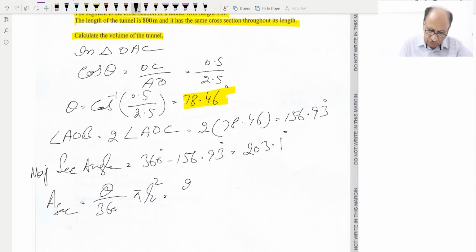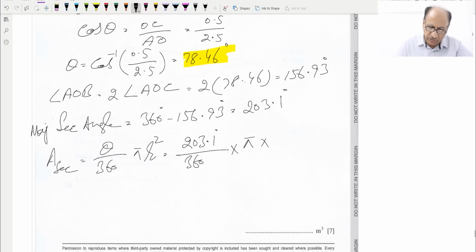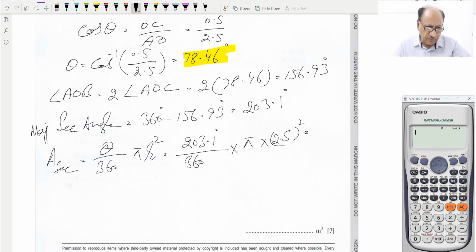Theta is 203.1, which we just found, over 360, times pi, times r squared, and r we know is 2.5, so 2.5 squared.